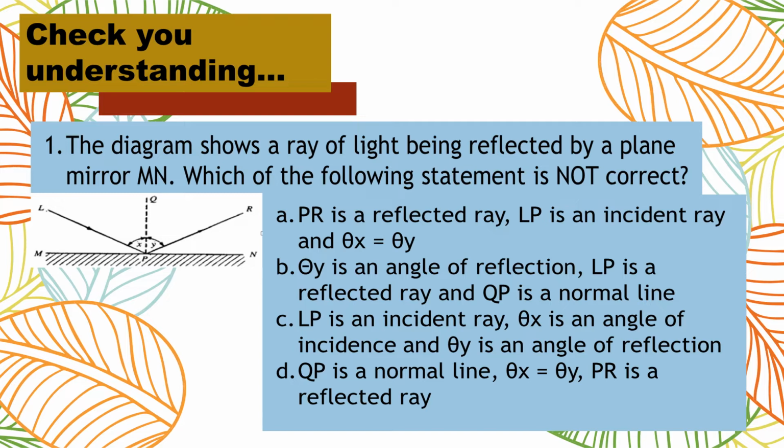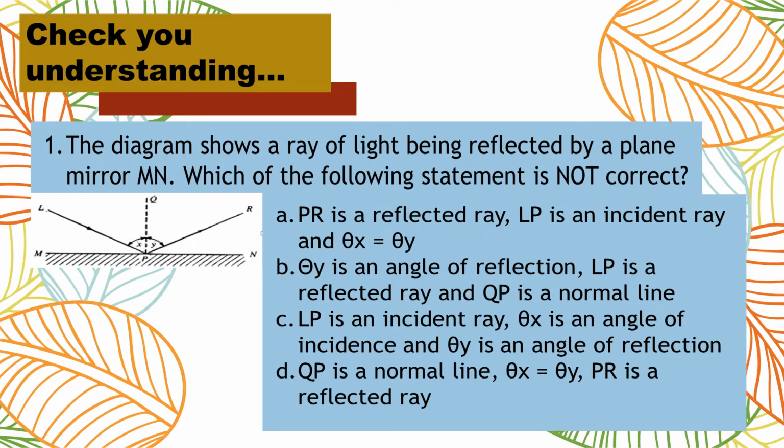Ray LP is an incident ray, and angle X is equal to angle Y. Okay, letter B. Angle Y is an angle of reflection. Ray LP is a reflected ray, and broken line QP is a normal line.